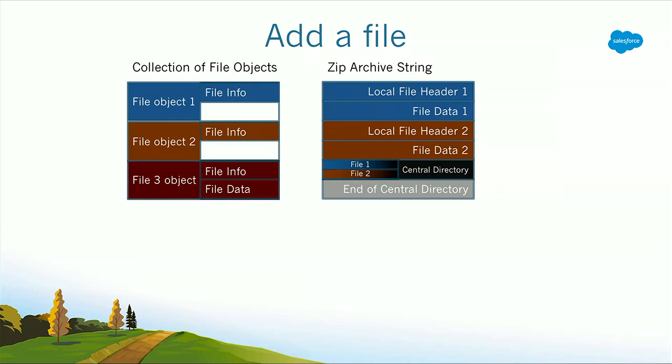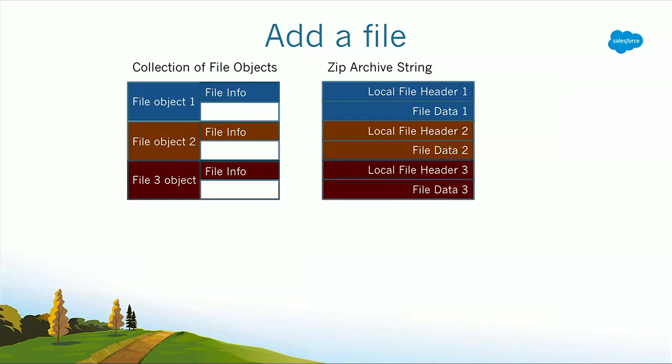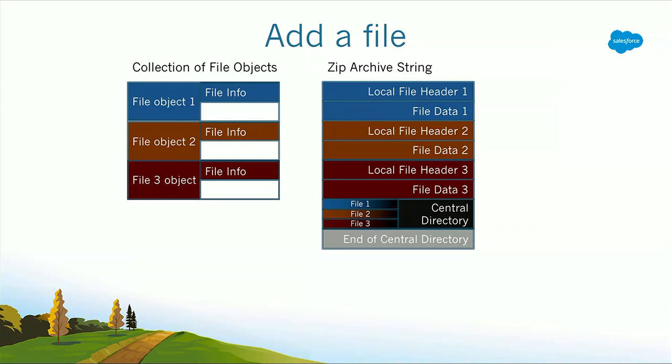We delete it, and then we will recalculate it. We do this because there's going to be different offsets, so it's just easier to recalculate it. So it goes away. We add the file, and then we recalculate all the central directory files and the end of the central directory with the correct offsets.